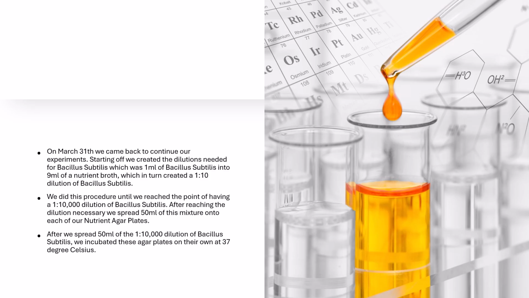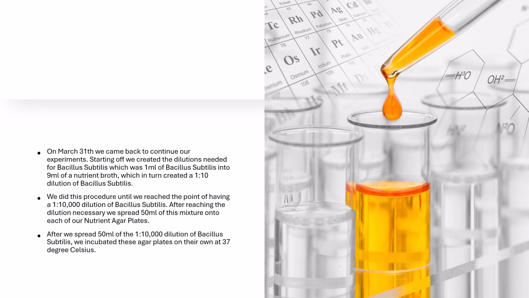Starting off, we created the dilutions needed for Bacillus subtilis, which was 1 microliter of Bacillus subtilis into 9 microliters of a nutrient broth, which in turn created a 1 in 10 dilution of Bacillus subtilis. We did this procedure again, as stated earlier, until we reached the point of having a 1 in 10,000 dilution of Bacillus subtilis.